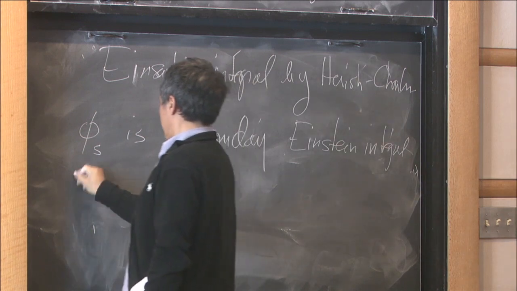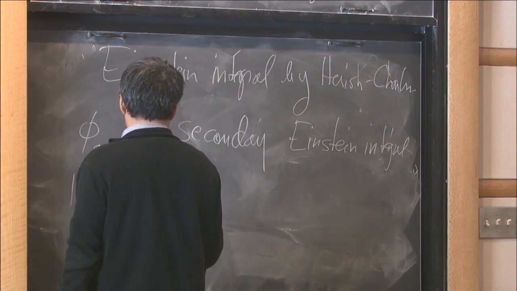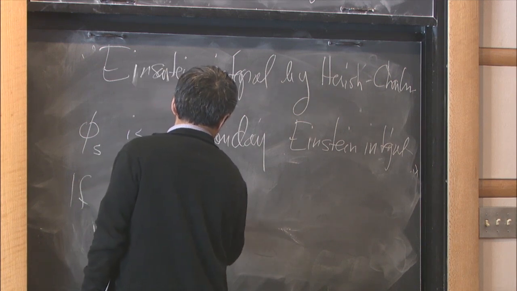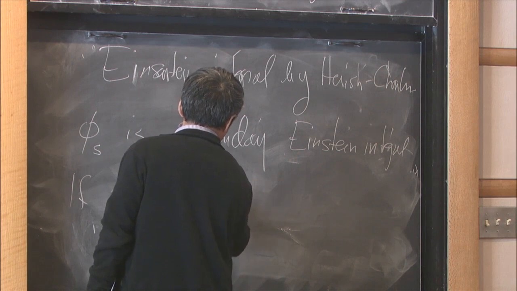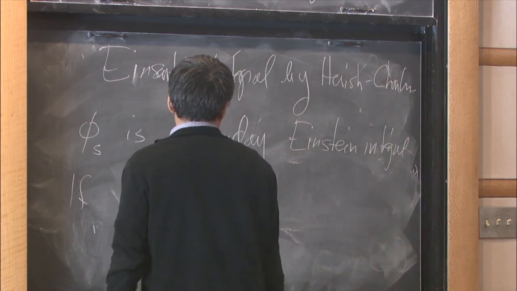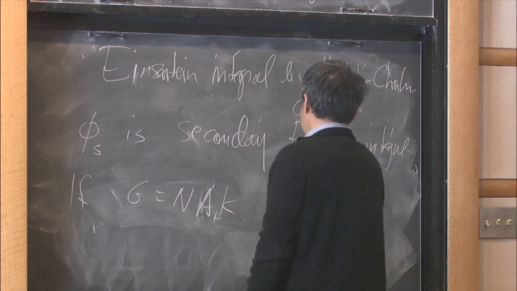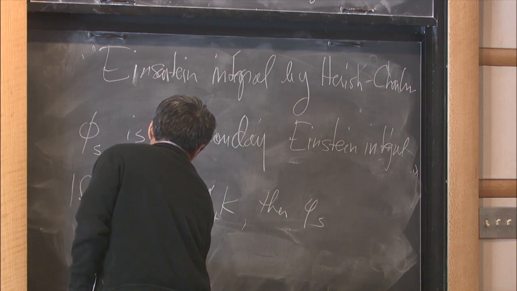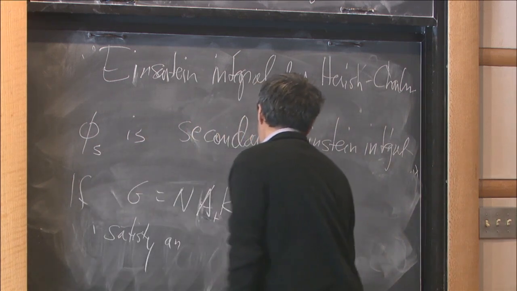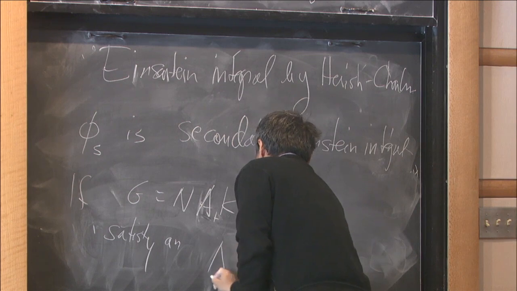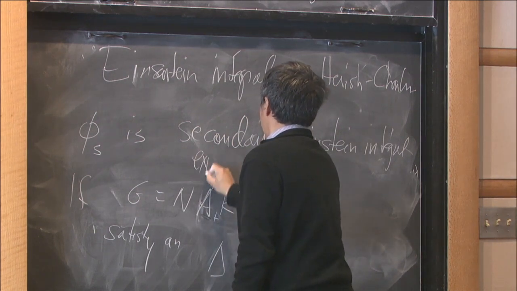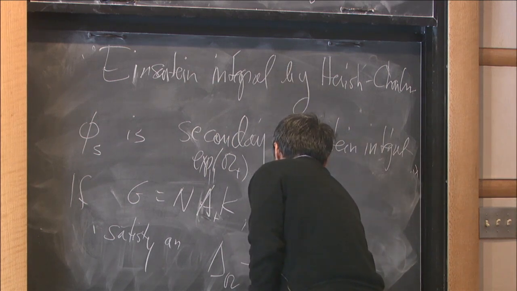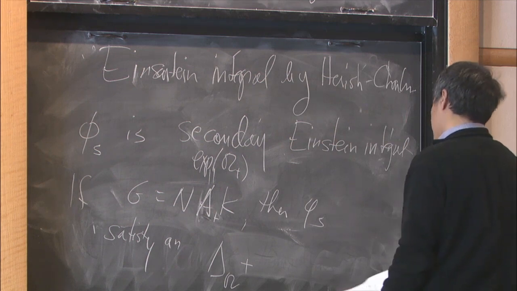If we use the Gaussian decomposition, G equals N K A, then phi_s satisfies an equation: the Laplacian radial exponential plus some operator.